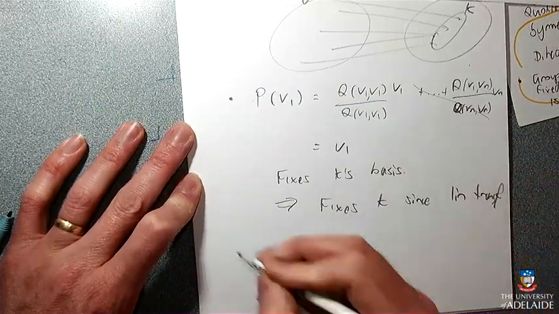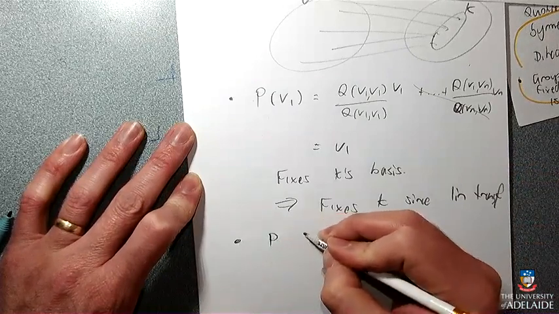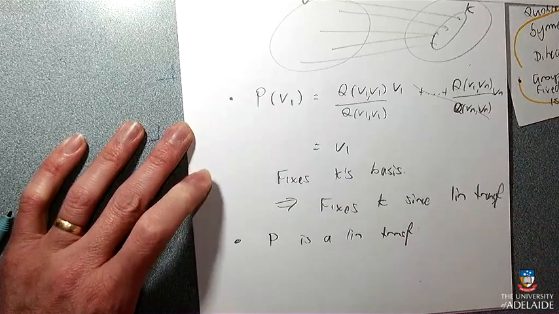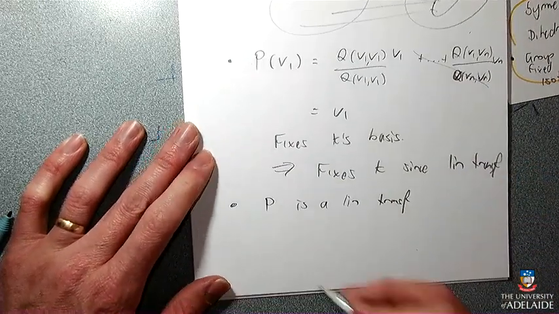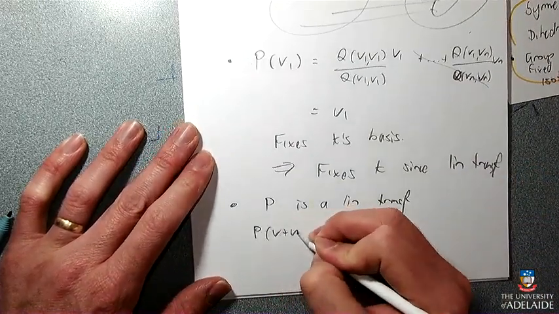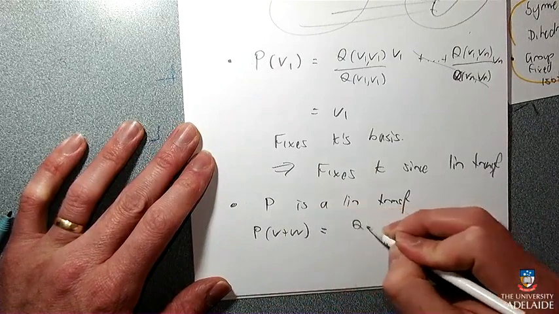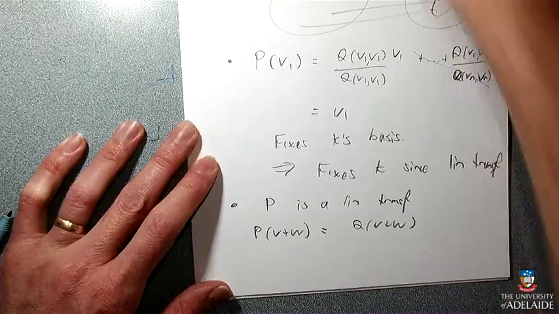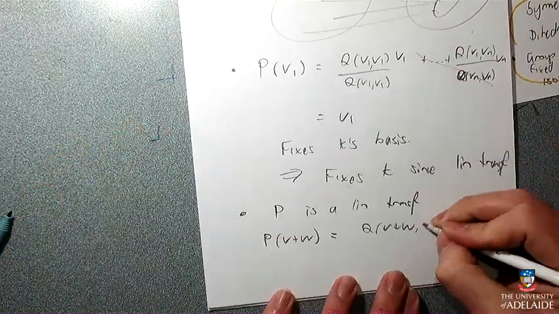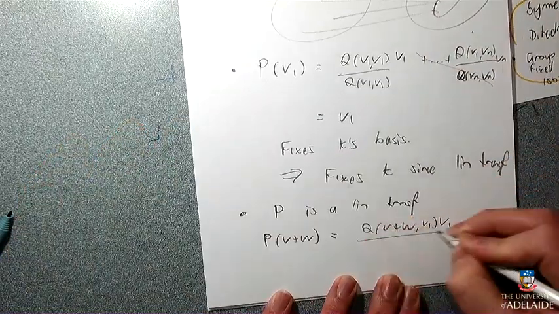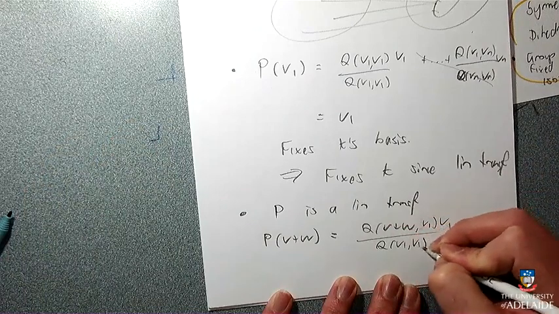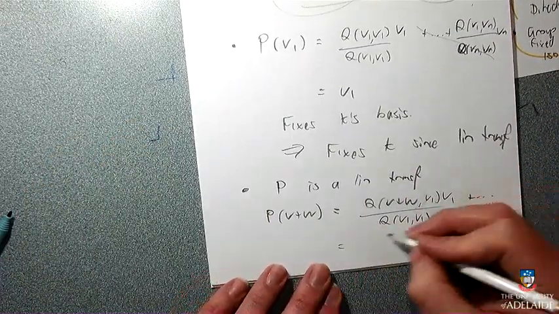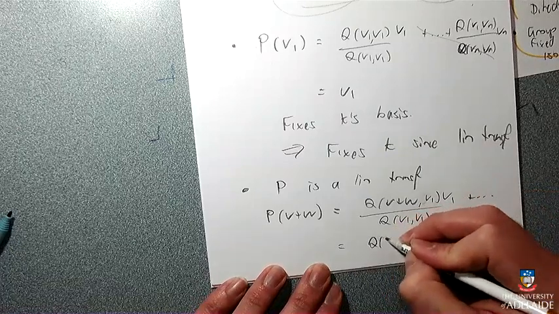Since it's a linear transformation, and now I'm going to actually show it really is a linear transformation, when I do this, then because Q is bilinear, I can do this.